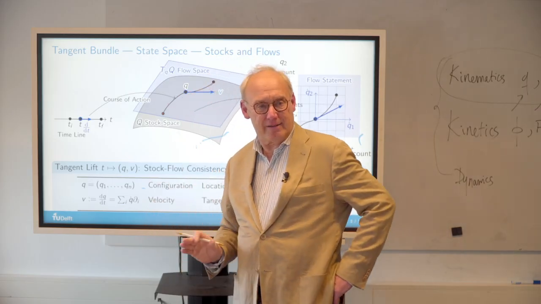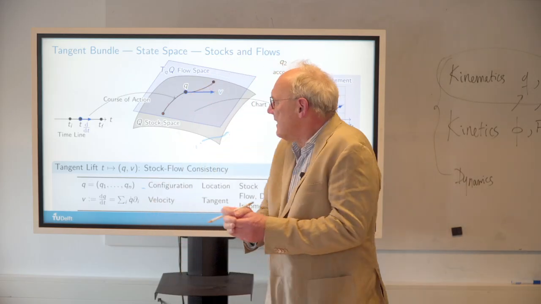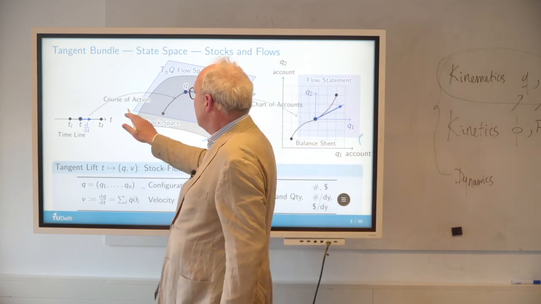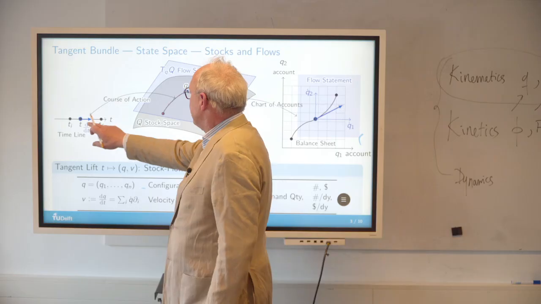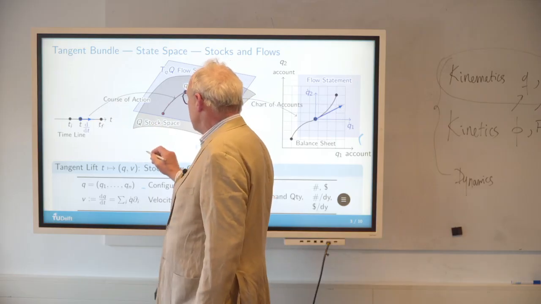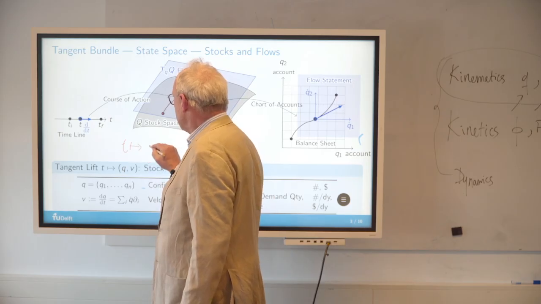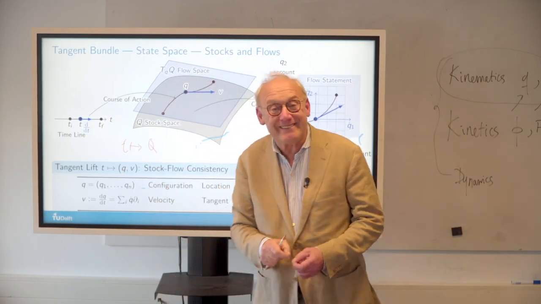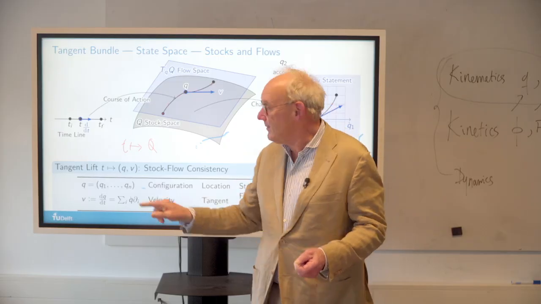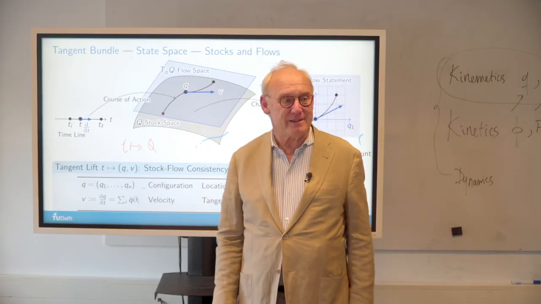You can think of this function as mapping the real numbers into this stock space, right? So it maps time into this stock space. Every moment in time, you get a point in the stock space.